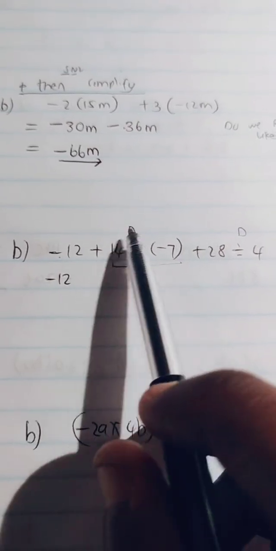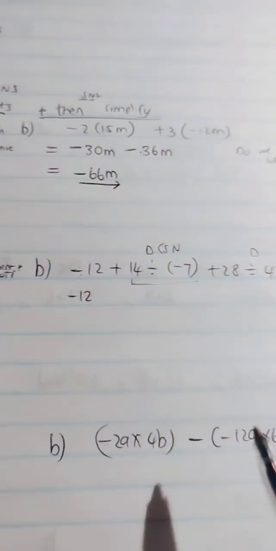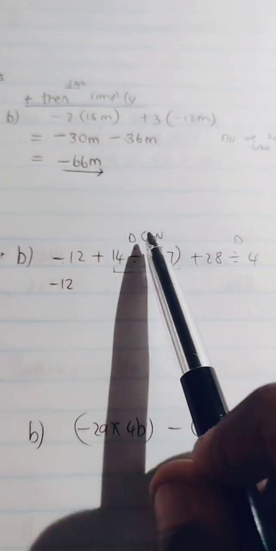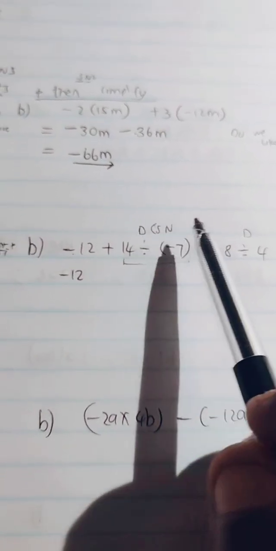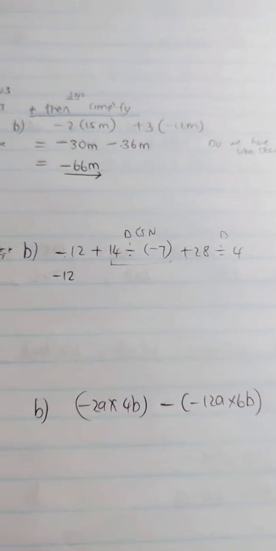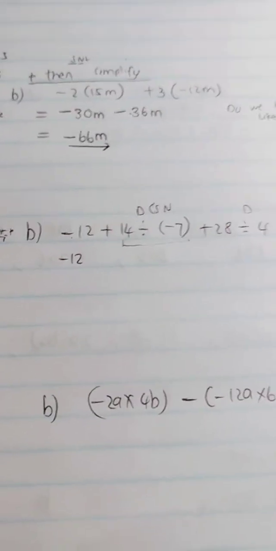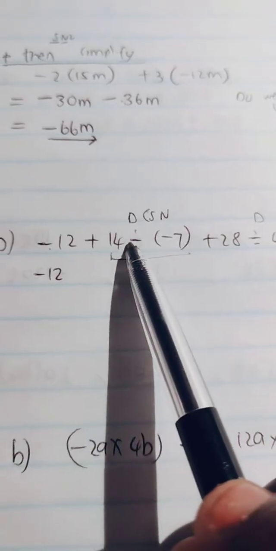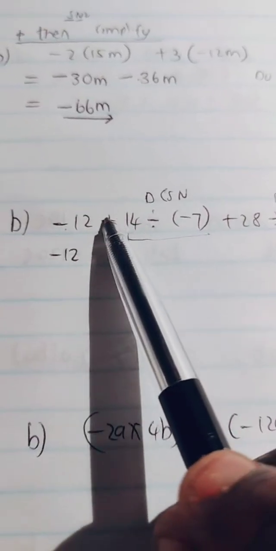When I divide, I start with the sign, then follow it up with the number. If the letter was there, I would also divide by the letter. SNL: sign, number, letter. So positive divided by negative. This 14 is positive, guys.